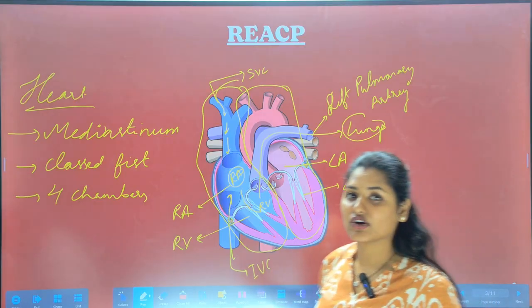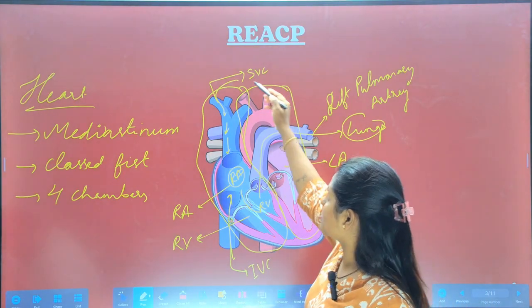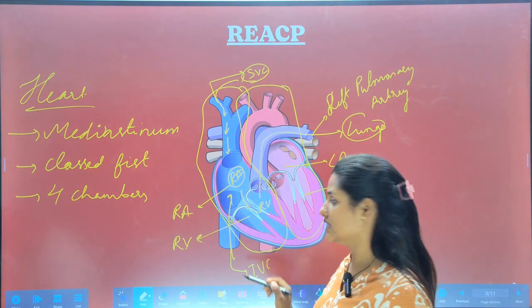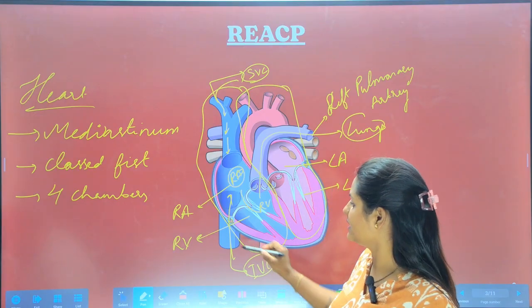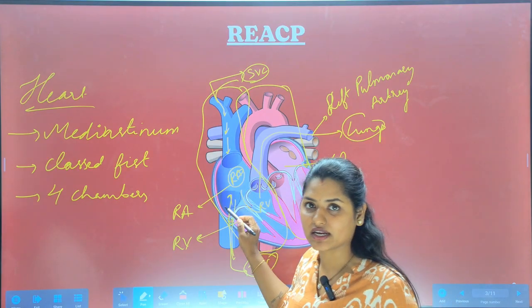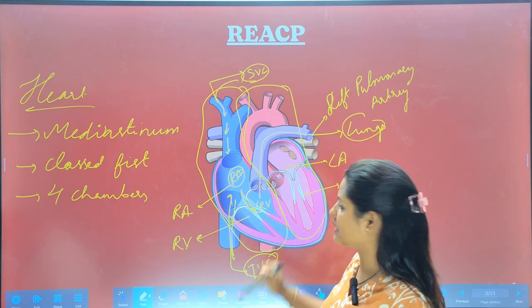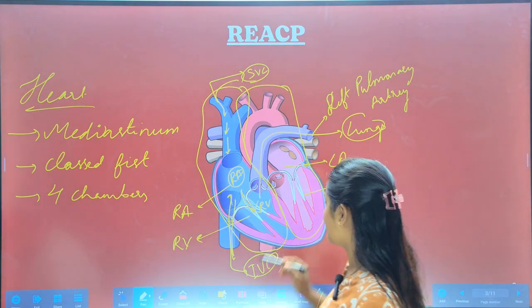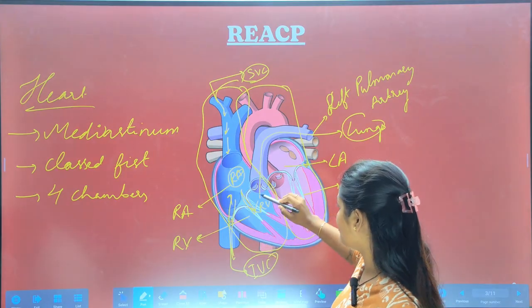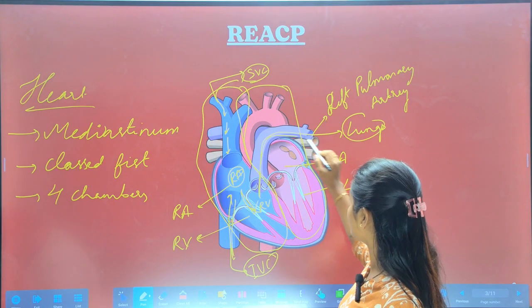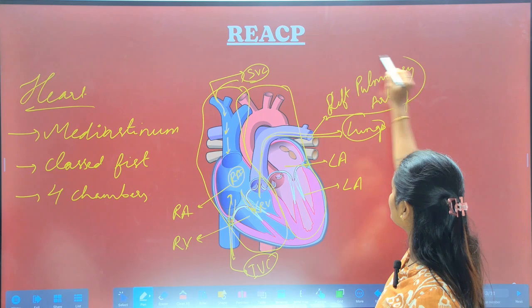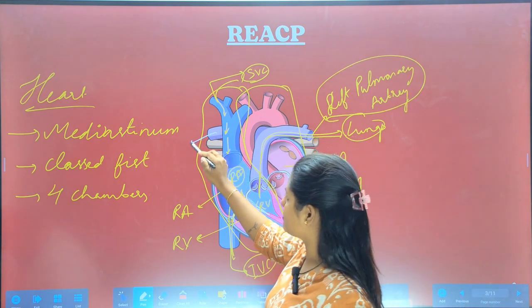So deoxygenated blood comes from the superior vena cava and inferior vena cava, enters the right atrium, and from there enters the right ventricle, and the right ventricle pumps deoxygenated blood to the lungs via the left pulmonary artery and right pulmonary artery.